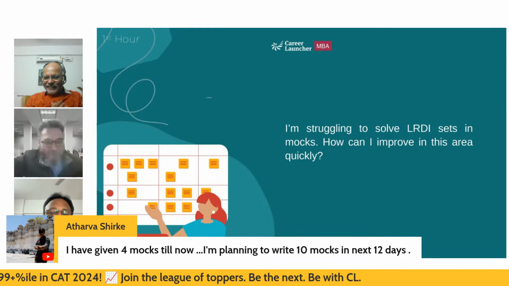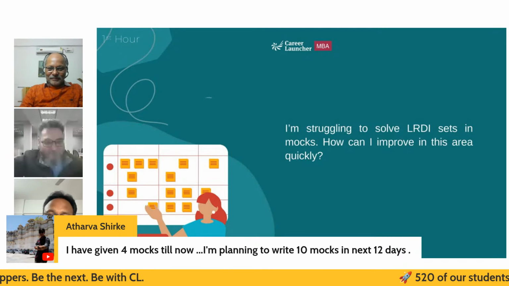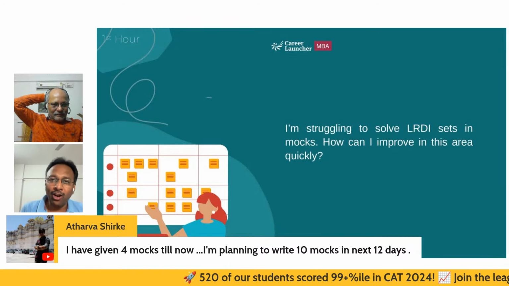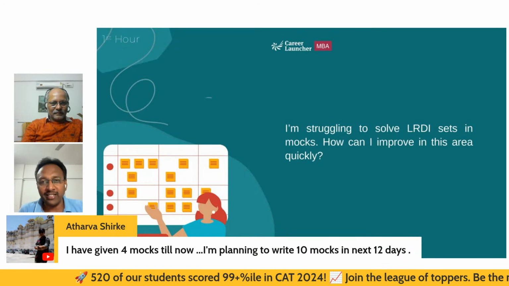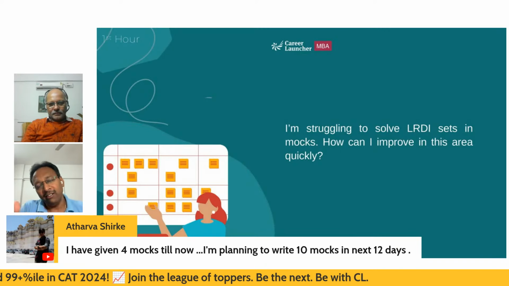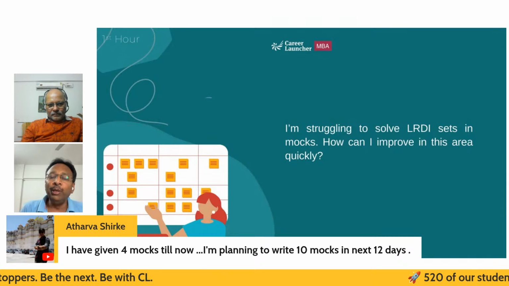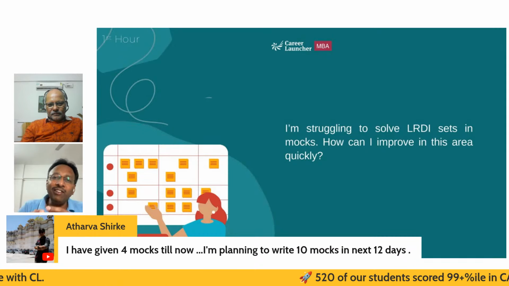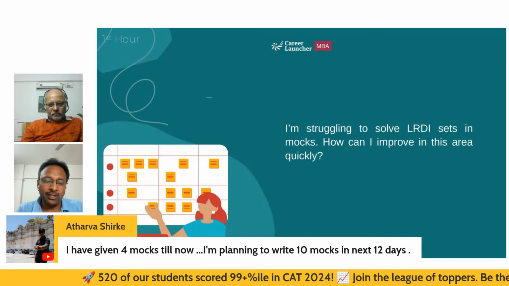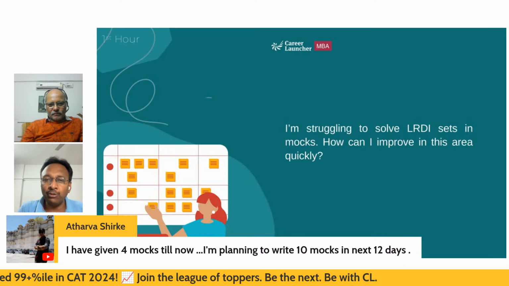Yeah, while it is important that you give mocks, it's also important that you know where you are going right and where you are going wrong as far as writing a mock is concerned. Given that we have about 16, 17 days, leave out the last 3 days, the real value for you would be when you take maybe 3 or even 4 mocks over these next 12 days, making sure that every mock you write, you do a thorough analysis on 2 counts.